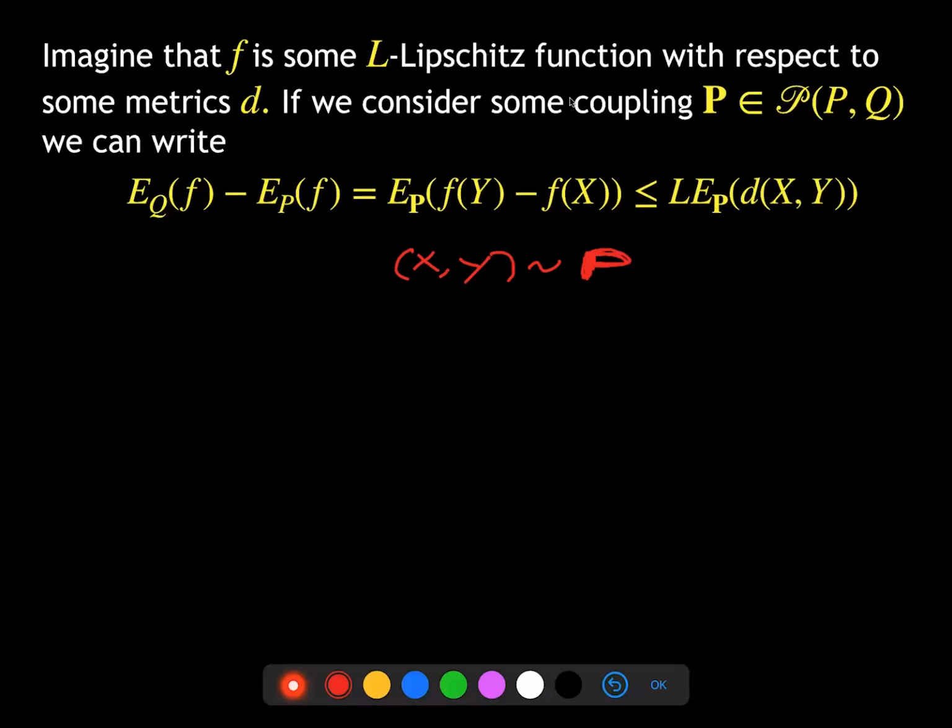So since the marginals of bold P are respectively P and Q, the expectation of the difference, since you are on the same space, is the difference of the expectations. And individually, the expectation under bold P of f of X is indeed equal to the expectation of the function under P, just because the first marginal of bold P is P.